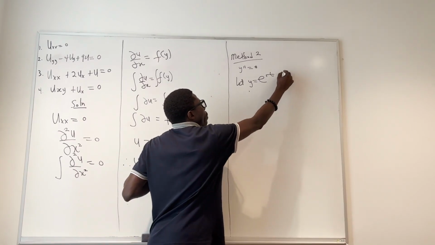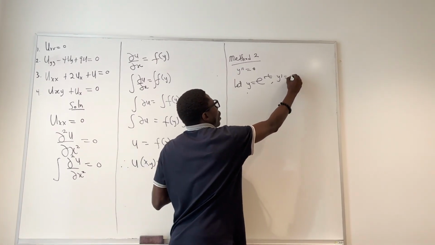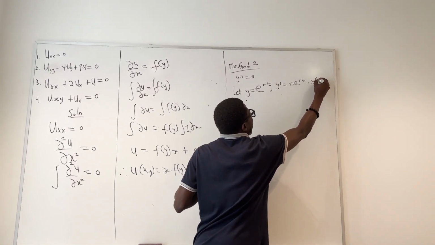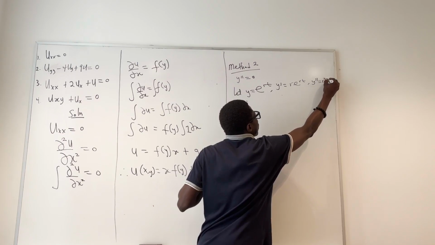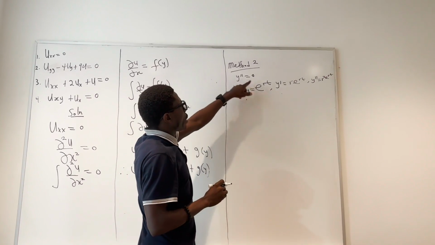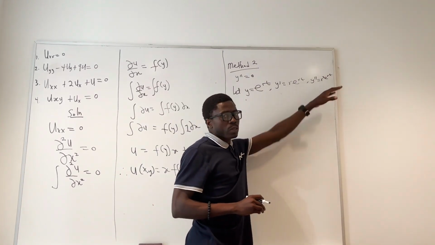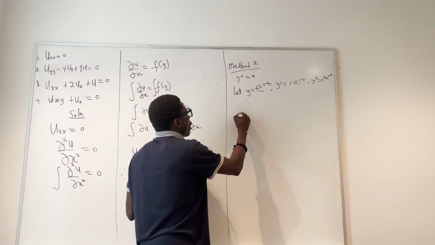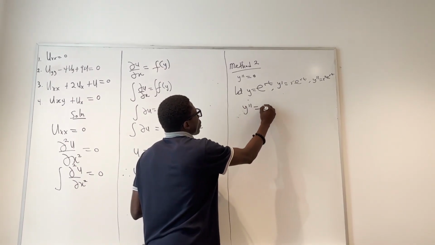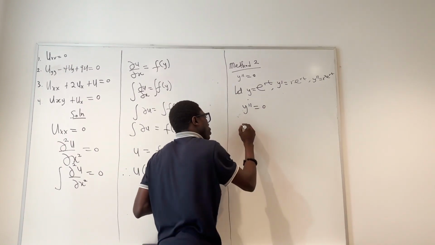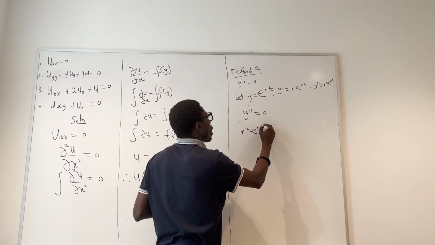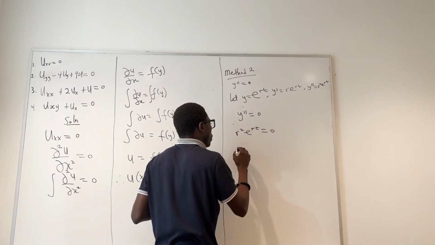Therefore, y prime will be equal to r e to the power rt, and then y prime prime will be equal to r squared e to the power rt. So wherever we see y prime prime, we put its expression there. So we have y prime prime is equal to 0, but we know that y prime prime is equal to r squared e to the power rt is equal to 0.